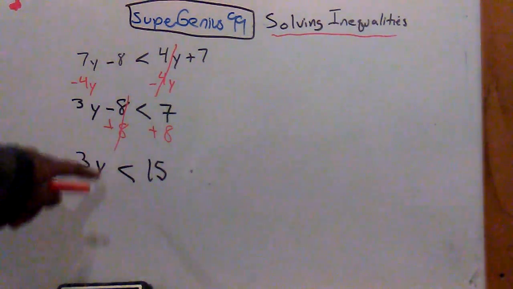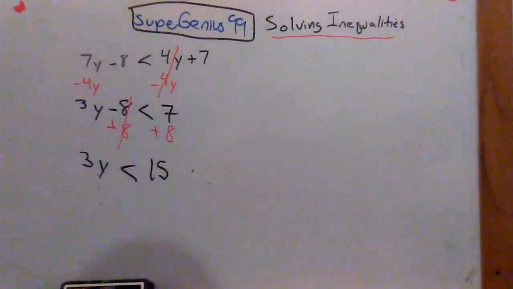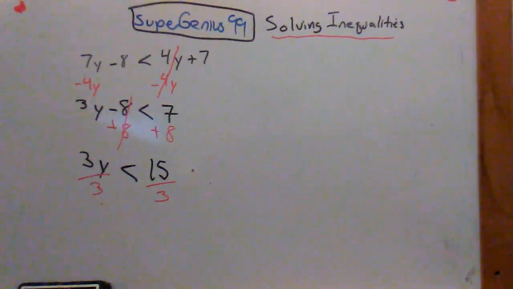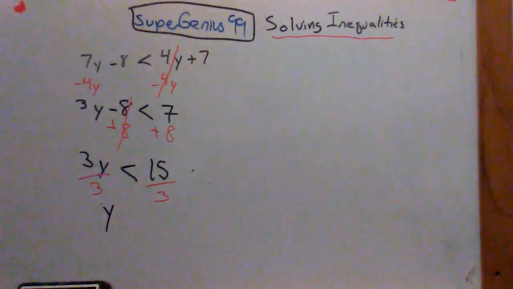Okay, how do we get y by itself? So this is 3 times y, so opposite operation. So what's the opposite of multiplication? Yes, division, so divide by what? Yes, divide both sides by 3. So 3y divided by 3, how much is that? That is y by itself.